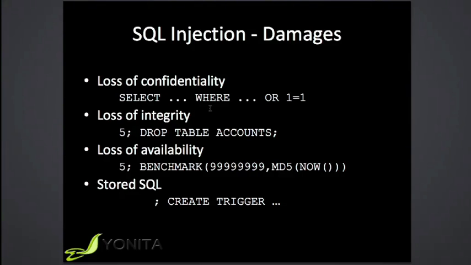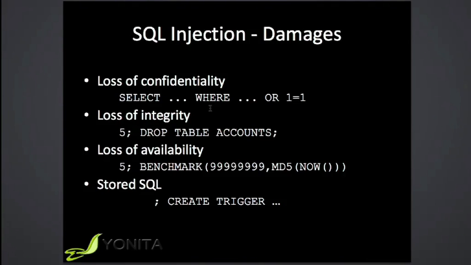So here it's worthwhile to mention that we need to apply the least privileges rule. Our database user we connect with from our web application should have the least possible privileges. So, for example, she shouldn't have rights to drop table, for sure.